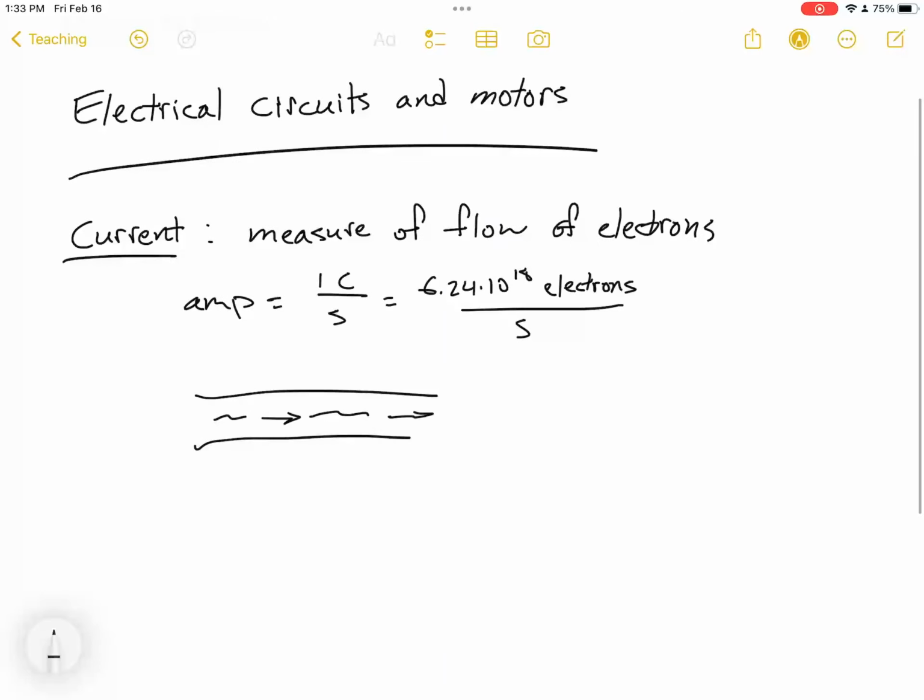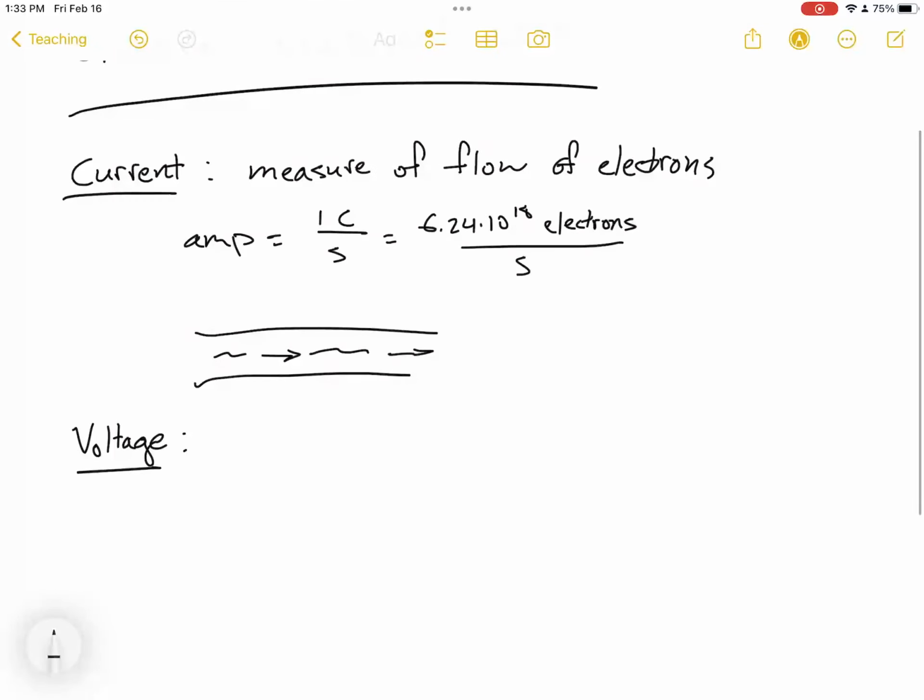We also have a voltage. If current is a flow per second, voltage is more of a pressure. So it's an electrical potential across some element.